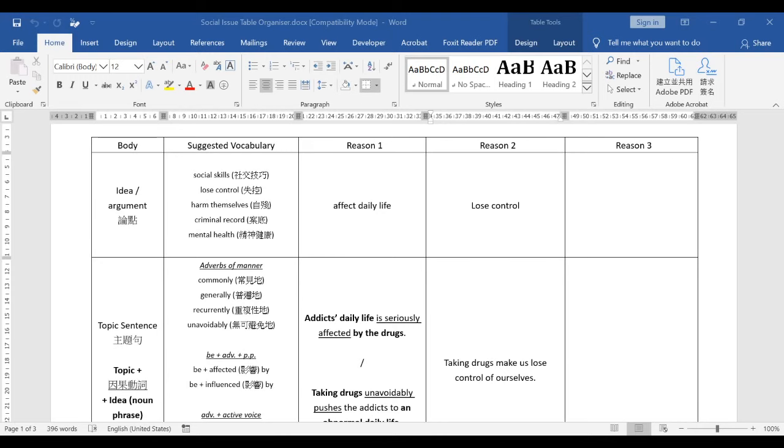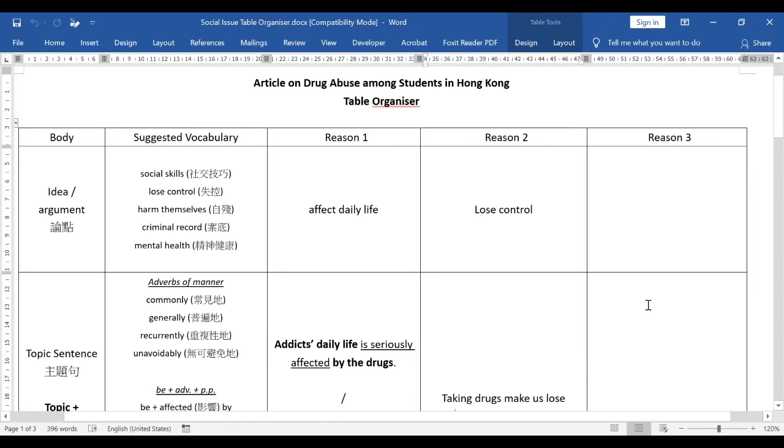What is this? This is a table I did a number of years ago with my students when I taught them how to write an article about drug abuse. Our school doesn't have this piece of writing as homework, but it's quite a common topic in other schools. So how do you write a paragraph in the DSE writing for social issues?